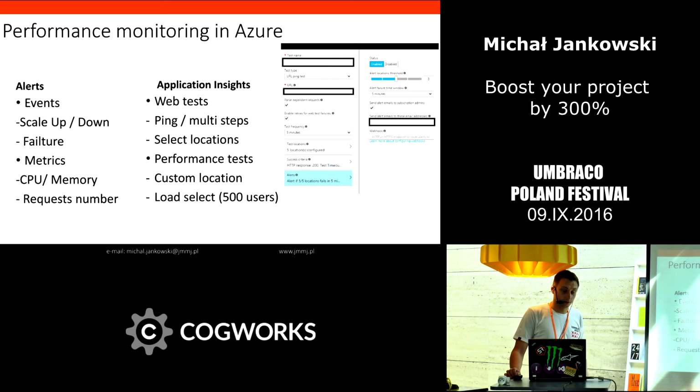You can alert on everything, but I'll just mention the ones we are using. We are using scale up or scale down events to get an email, and for every deployment failure, because sometimes it really happens that Azure doesn't have resources to give us a new instance really fast.